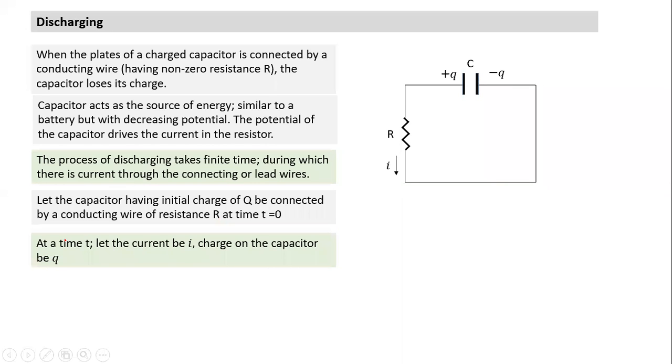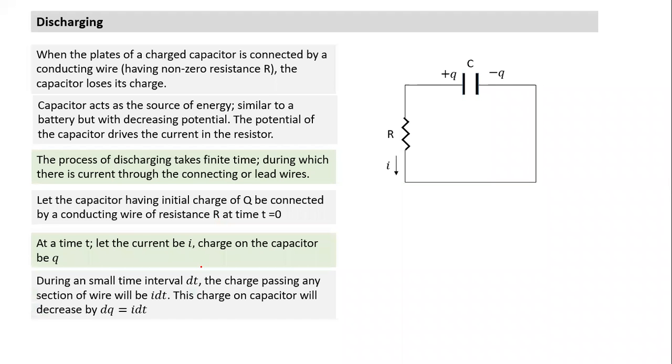Again, we'll write a similar equation based on Kirchhoff's rule. Let's see how we write that equation. During this small time interval dt, what is happening? If we take any cross section, the charge flowing across it during the small time interval dt will be I dt.